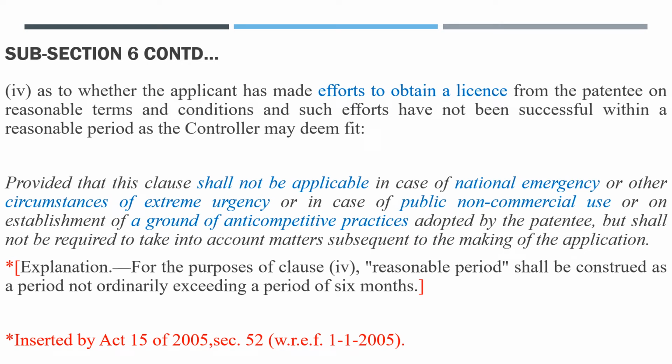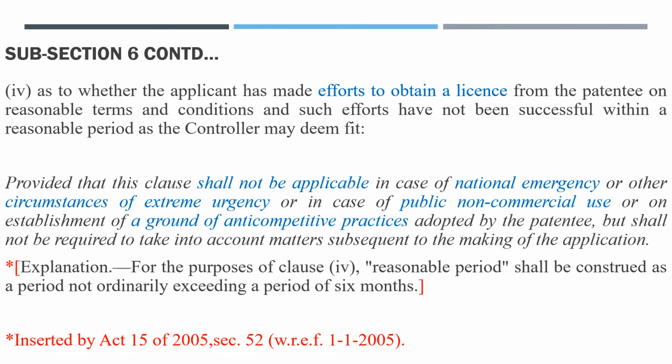Explanation: for the purposes of clause 4, reasonable period shall be construed as a period not ordinarily exceeding 6 months. The single star mark indicates that the explanation inside the square brackets was inserted by Act 15 of 2005, Section 52, with effect from 1st January 2005.